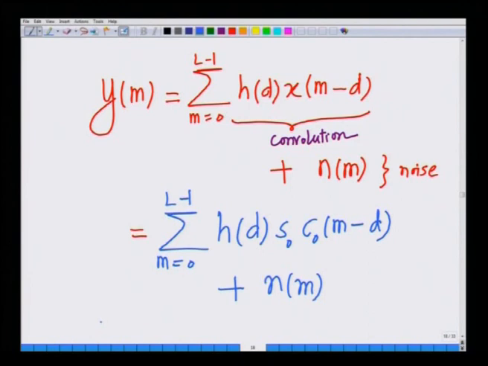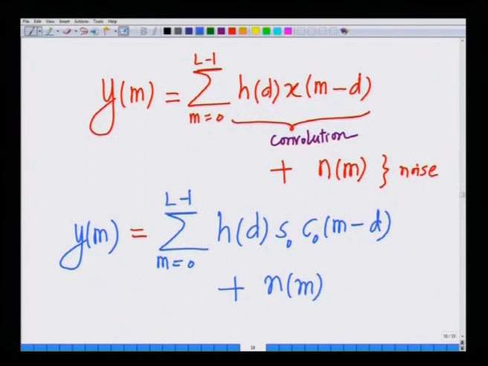Because of the channel, the code is being delayed, since x[m-d] affects the code C0 of the user. So, y[m], after passing through this frequency selective, multipath channel, is the sum over d from 0 to L minus 1 of h[d] S0 C0[m-d] plus n[m].